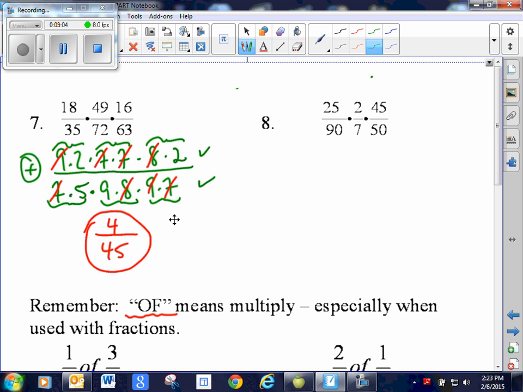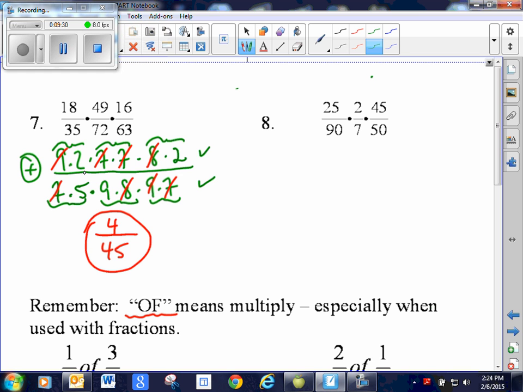So I'm going to cancel now what I can and see what I got left. So I've got a 9. That'll cancel. 9 here, 9 there. I've got a 7 and a 7. Another 7, and this 7 over here, and the 8 will cancel. I don't see anything else that I can cancel. I've got a 5, and all I have is 2 2's left. I've got a 9, 2 2's.